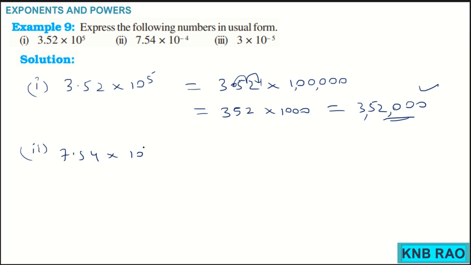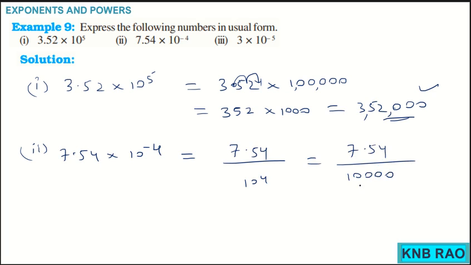And question 2, 7.54 into 10 to the power minus 4. That means it's a very small number. So the point will be shifted from right to left. Here it can be written as 7.54 upon 10 power 4. That means we will divide 7.54 by 10,000, where the point is shifted once, that means 0.754, and by 1000.